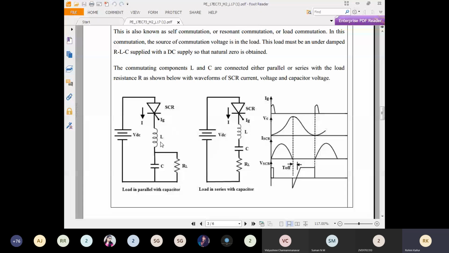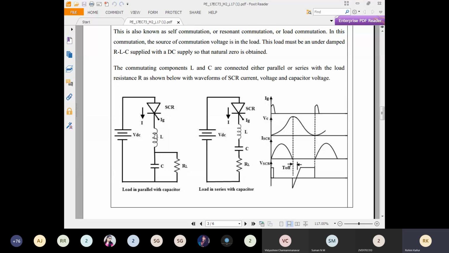The current passes through the capacitor as well as the load. When the current passes through the capacitor, the capacitor voltage goes on incrementing, a gradual increase in the capacitor voltage.